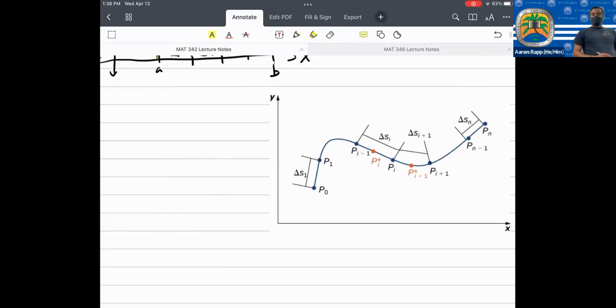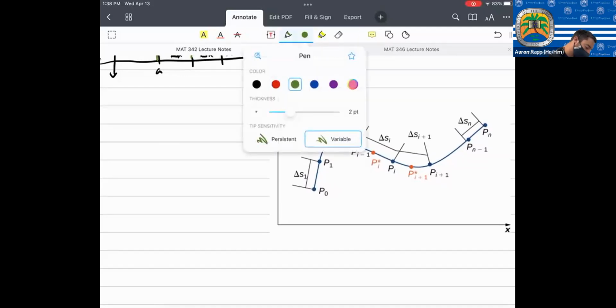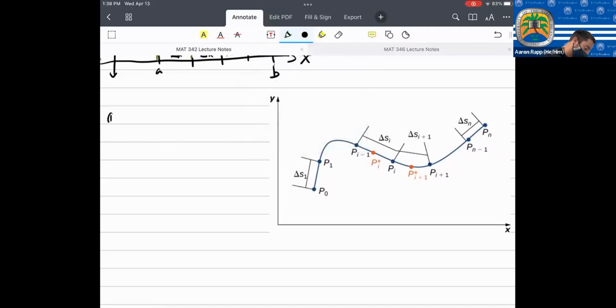Okay. We're going to let C be a smooth curve with the parameterization, sorry.